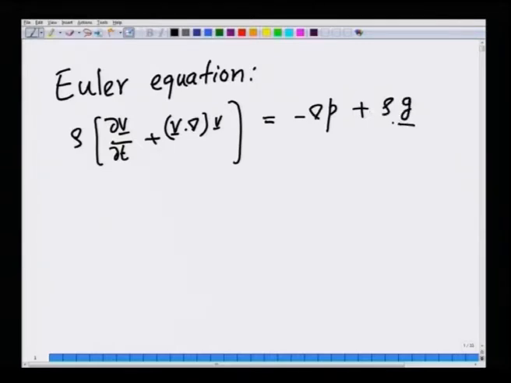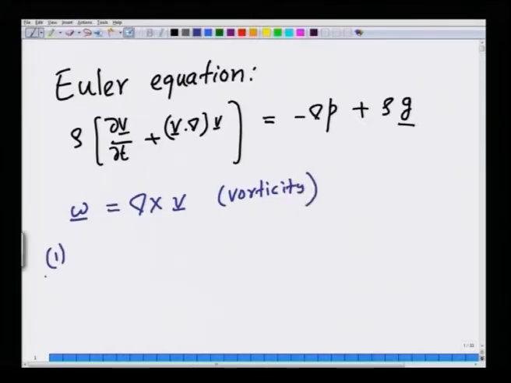Now, upon using a vector identity, suppose omega is del cross V, the vorticity of the flow.